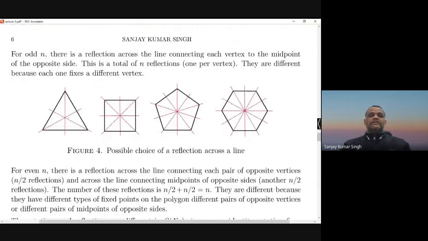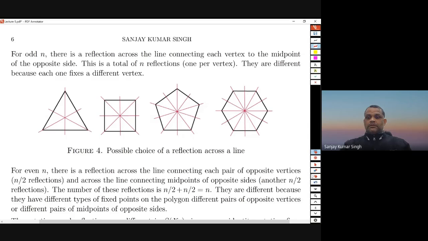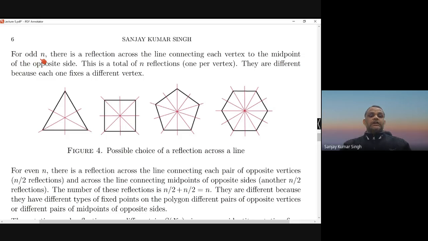So how to do this? For n equal to odd, I can get this picture, because here n is 3. I get this picture, which is n equal to 5, and similarly for others. So how to construct a reflection? For a reflection, I need a line across which I want to define the reflection.